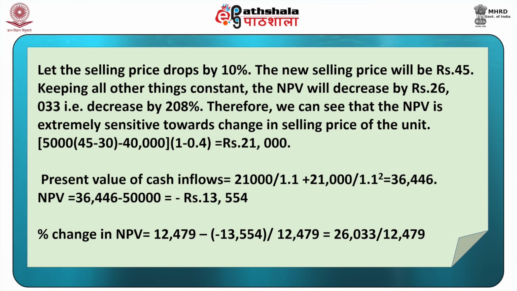Therefore, we can see that NPV is extremely sensitive towards change in selling price of the unit, and this can be calculated as 5,000 to be multiplied by (45 minus 30) minus 40,000, and this result is to be multiplied with (1 minus 0.4), which will be equal to rupees 21,000.